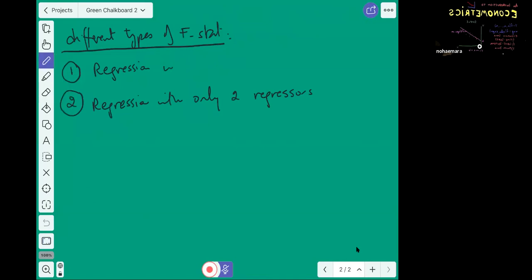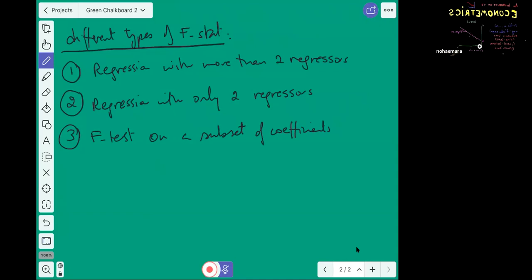So regression with more than 2 regressors, okay? And I can also do the F test on a subset of coefficients, okay? And I can also do, like, we have two other F statistics.